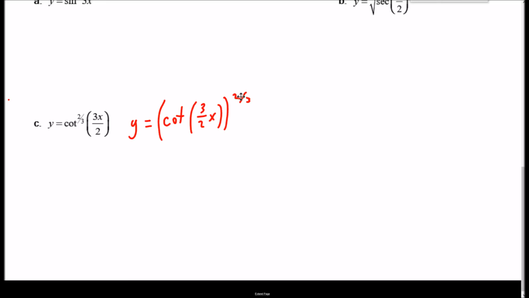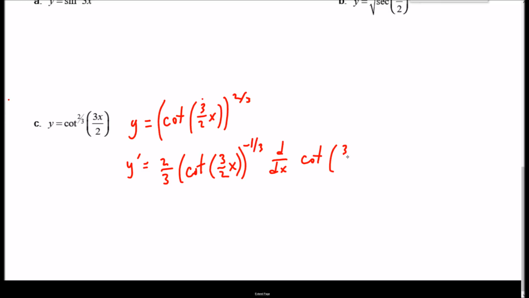My outer function is raised to the 2/3. Right, so I'm going to take the derivative of something to the 2/3 as y prime equals 2/3 something, which is the cotangent 3 halves x, raised to the negative 1/3 times the derivative of the something, which is cotangent 3 halves x.